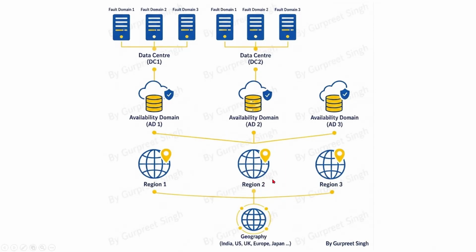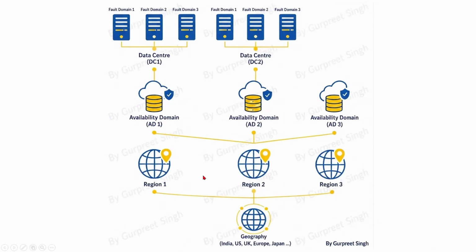The next level that we have in OCI is the availability domain. One region can have multiple availability domains. Regions are separated from each other. The availability domains are the physical data centers which are miles apart.